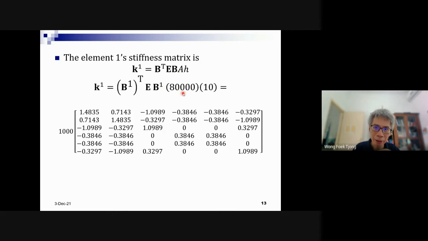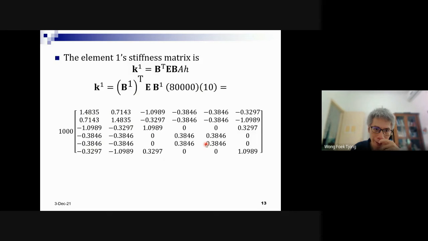The area, 80,000 times the thickness. Just use MATLAB, because if we do it manually, it's a long computation, this matrix multiplication. If we do it manually, at least use Excel. But the most convenient one is MATLAB. So we can easily calculate it, and the result is given by this one.